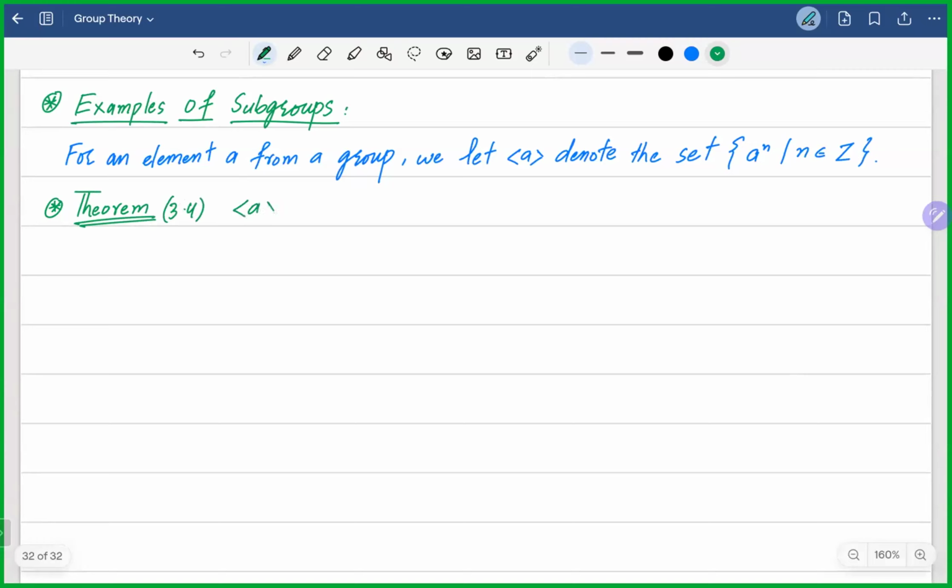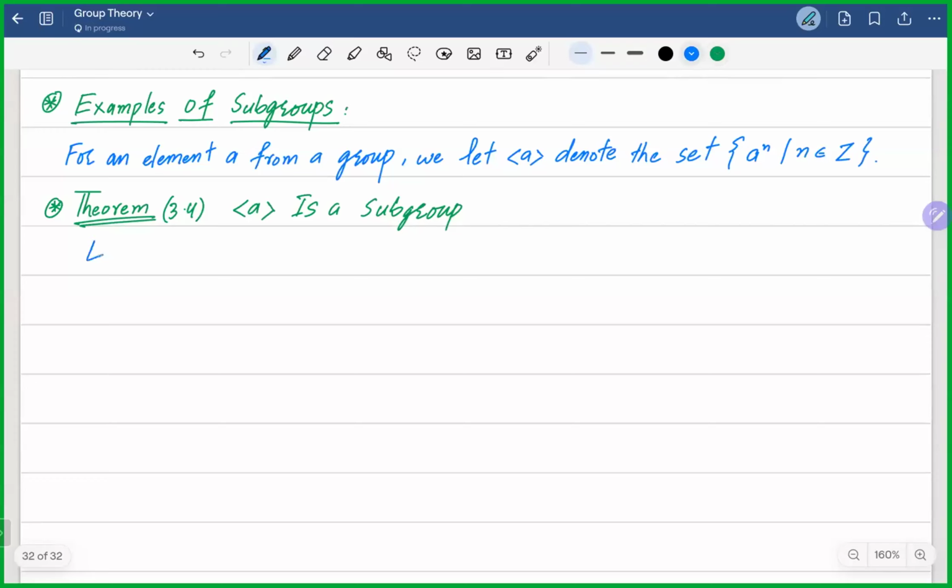This says that the set generated by a is a subgroup.